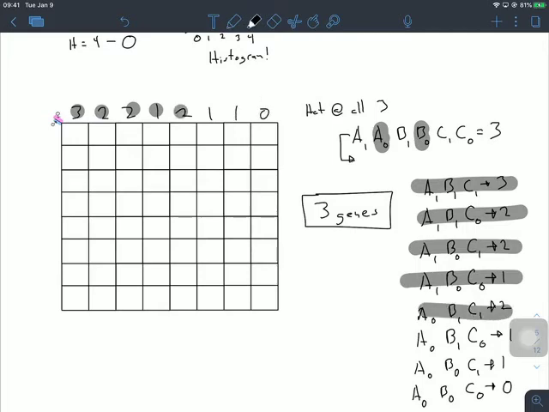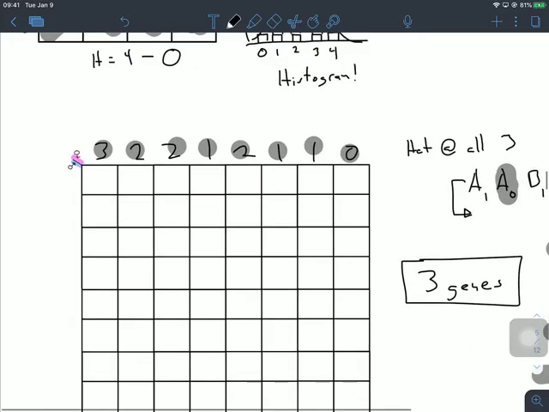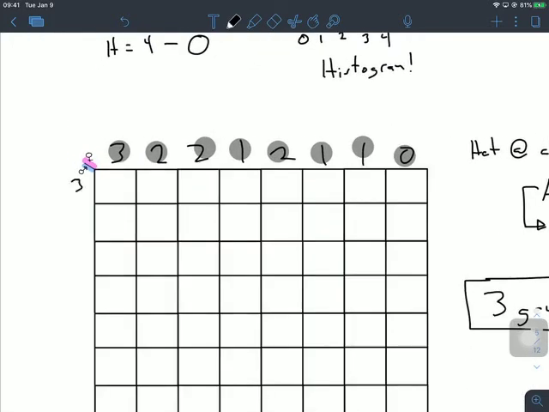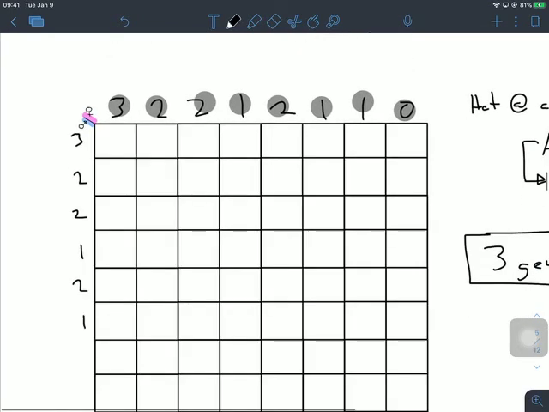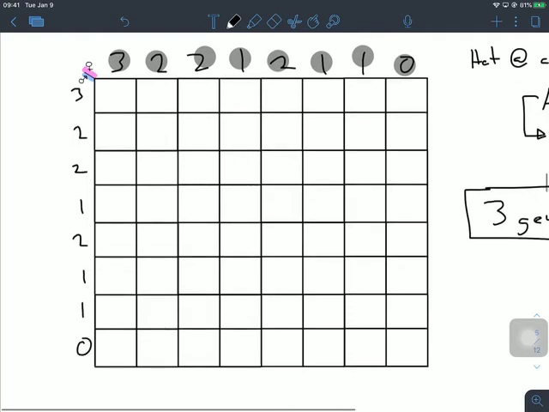A 2, a 1, a 1, and, last but not least, our 0. Replicate that. 3, 2, 2, 1, 2, 1, 1, 0.